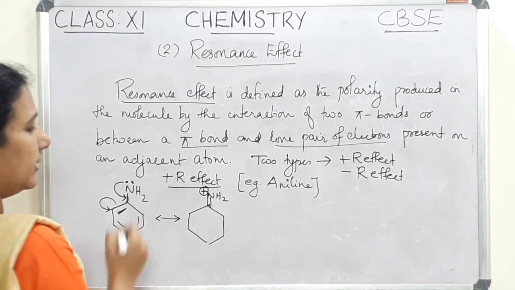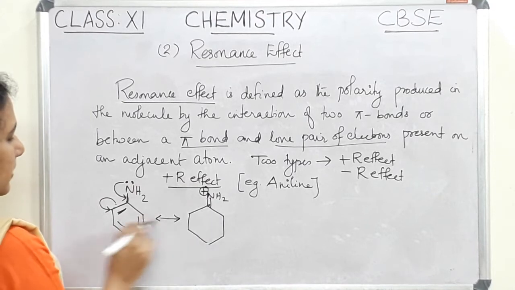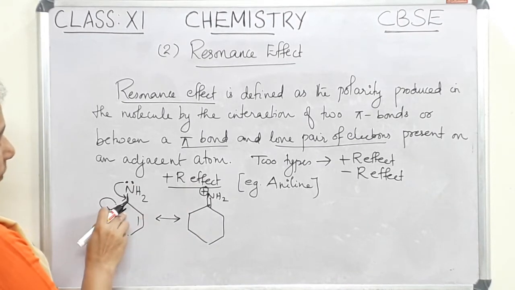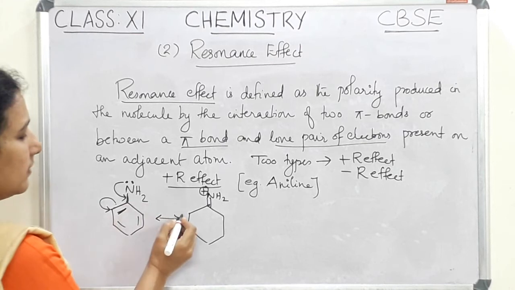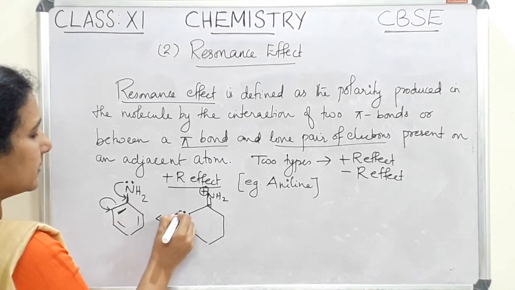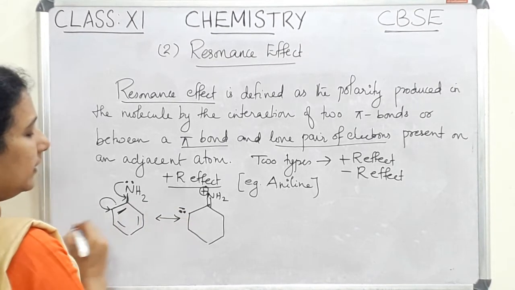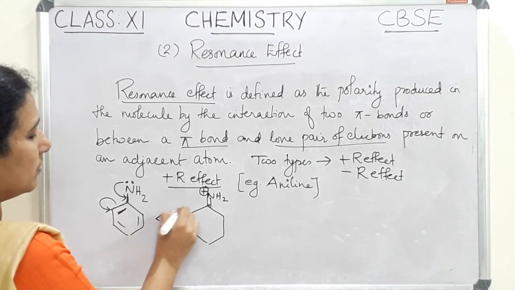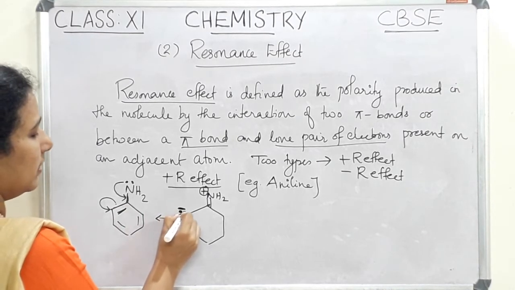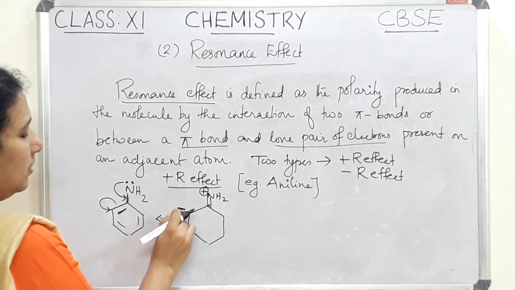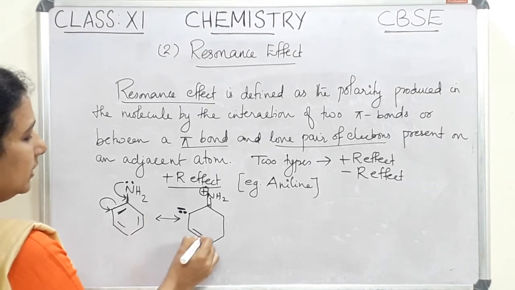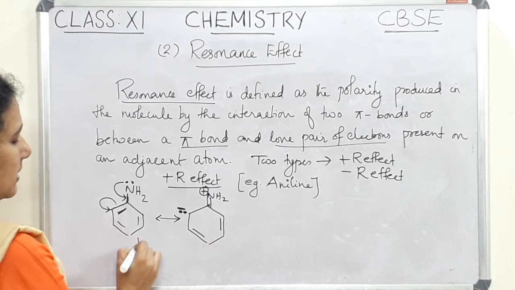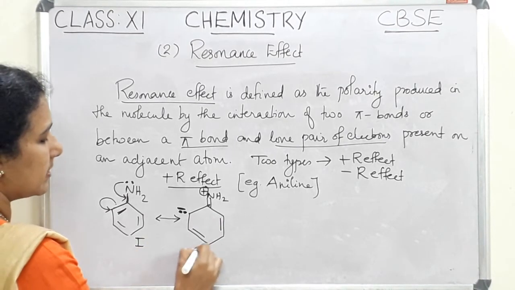So this will get a positive charge, and this bond pair changes to lone pair. We can draw the lone pairs and a negative charge also, and the other bonds are the same. So this is the first structure and this is the second structure.